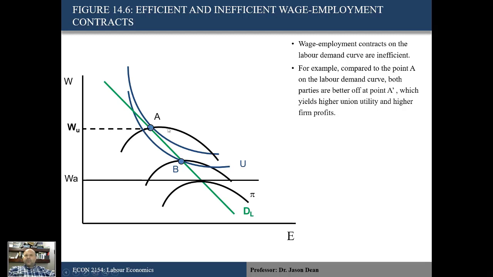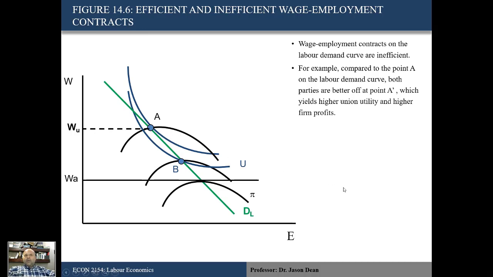We remember that lower isoprofit curves result in higher profit. So any point in this envelope will yield a higher profit to the firm, but also any point in here would yield higher utility for the union.